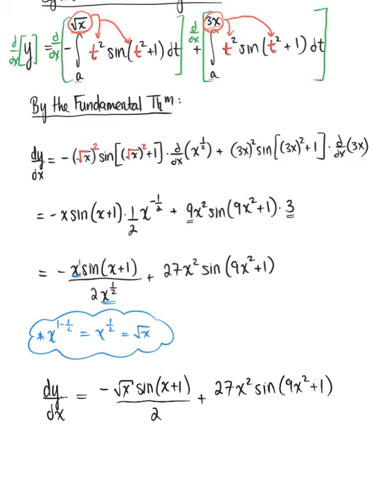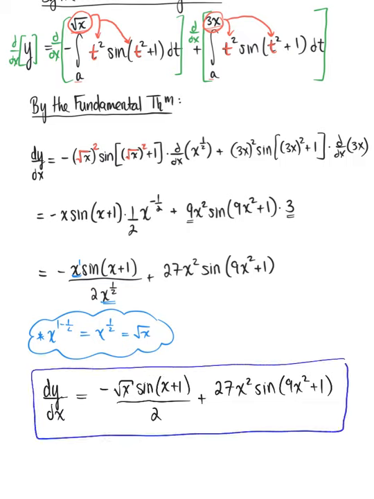And there you have it, our beautiful final answer. And so remember, we could always double check our answers here by first evaluating the definite integral and then differentiating the result. It just becomes a little hard to do that when you have integrands that look like this. So that's when the fundamental theorem of calculus sure does come in handy.